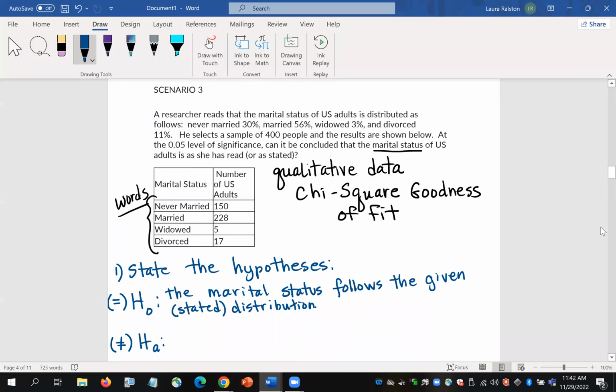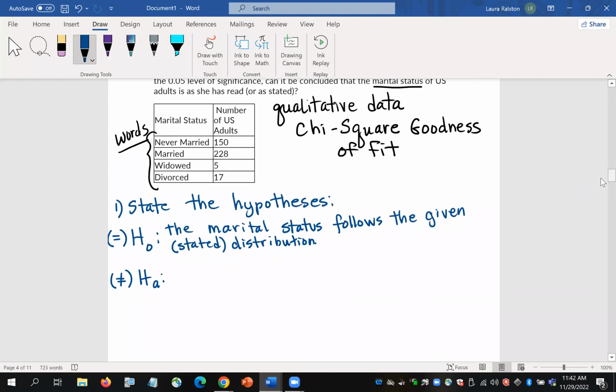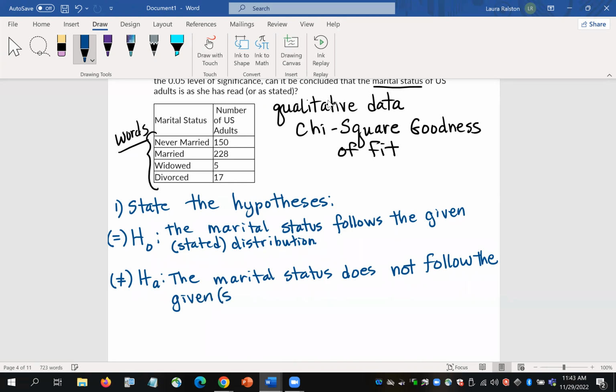I use the phrase the marital status follows, same concept. The alternative would be that the marital status does not follow the given or the stated distribution.